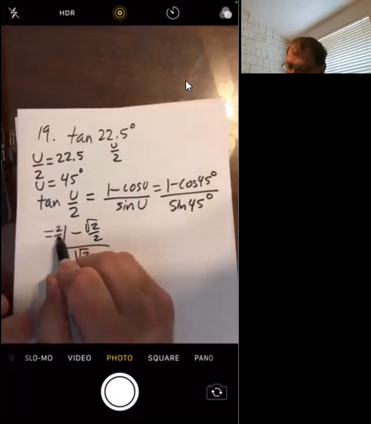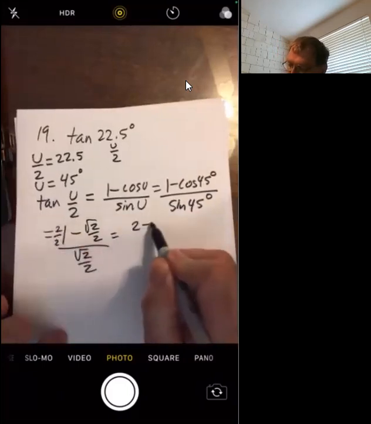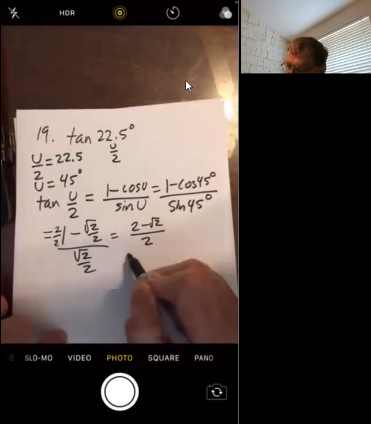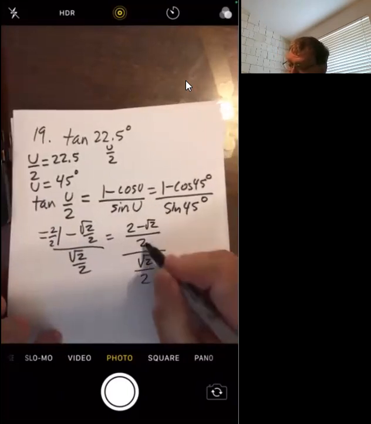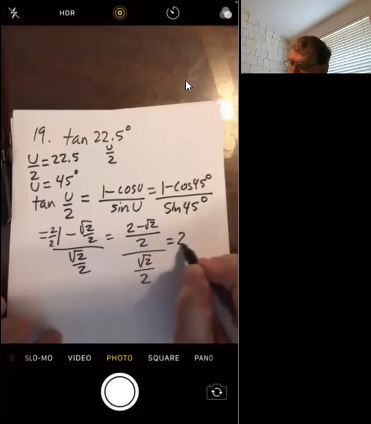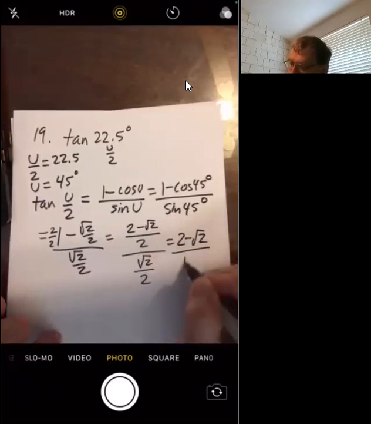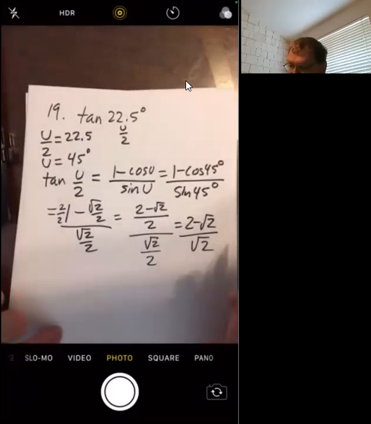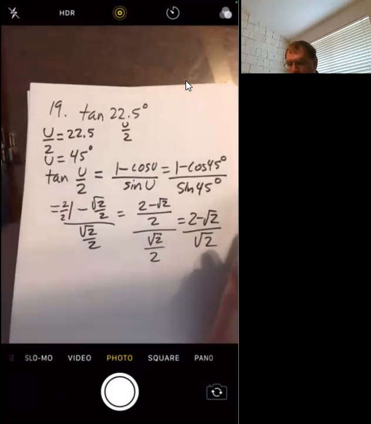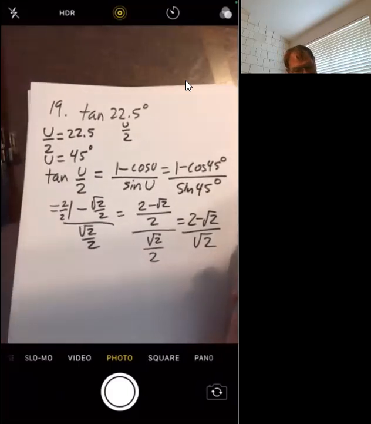Your common denominator is 2 over 2, so you're looking at 2 minus root 2 all over 2, over root 2 over 2. You can tell the 2's flip around and cancel. 2 minus root 2 divided by root 2. And you could rationalize on that if you want. I don't know the exact form the book has for an answer. You could also convert it to decimals.